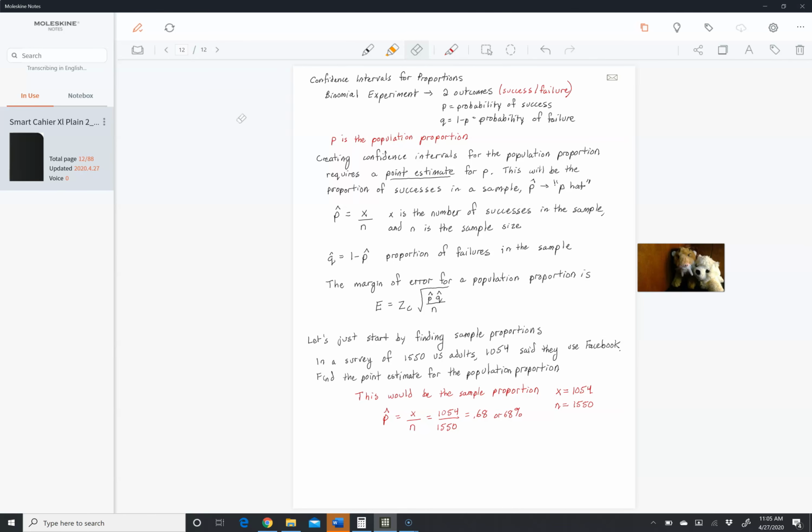So we're making a generalization about the population. But this generalization is not really true, because the population proportion is almost never the same as the sample proportion. So that's the whole point of developing these confidence intervals.